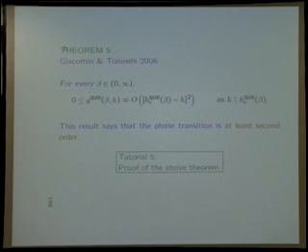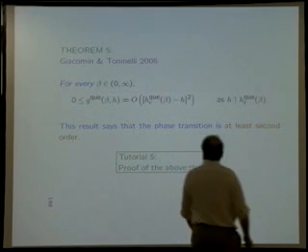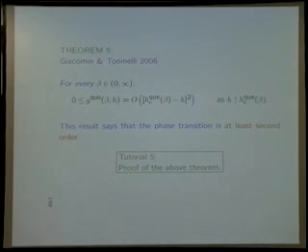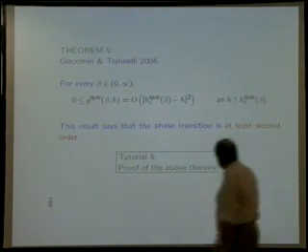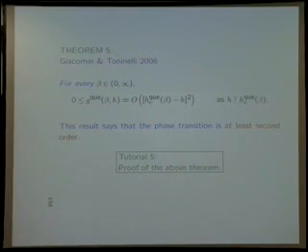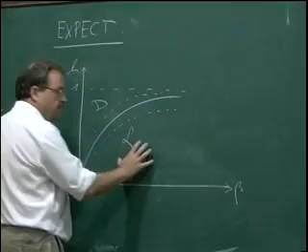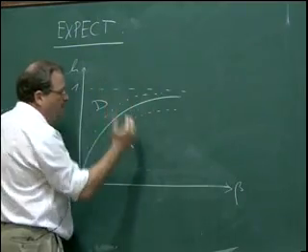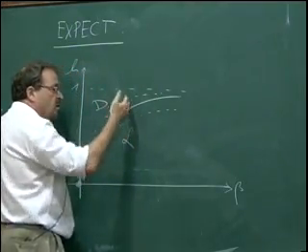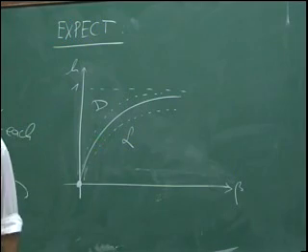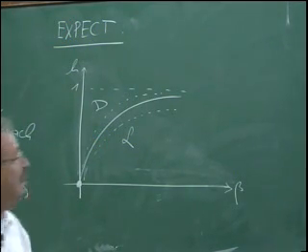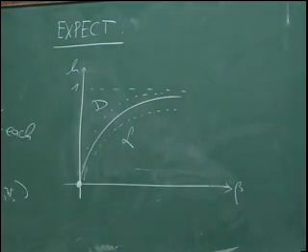Then it was shown that the phase transition is at least second order. So if you come from below, for instance in this direction, here the excess free energy is positive, here it's 0, then as you approach the line it will go to 0 at least as fast as a quadratic, and this is given by this estimate here. So the phase transition is at least second order.